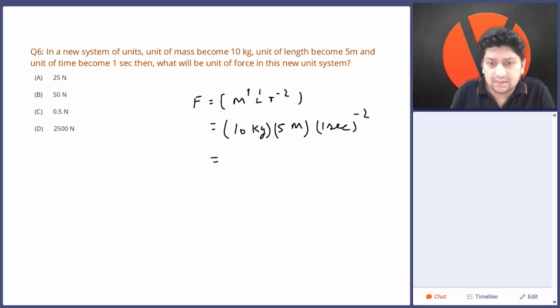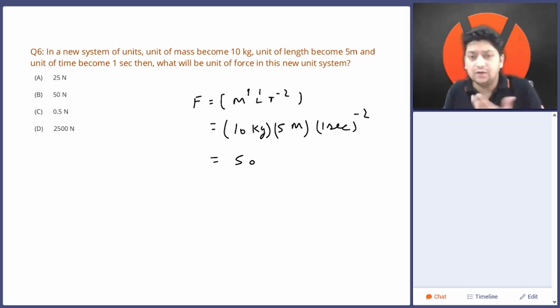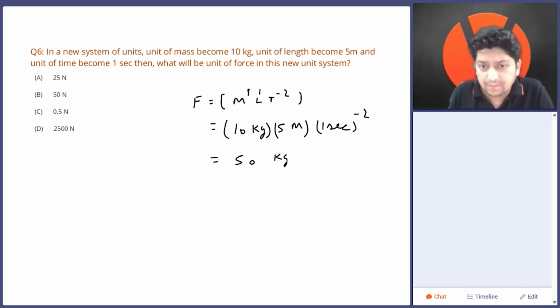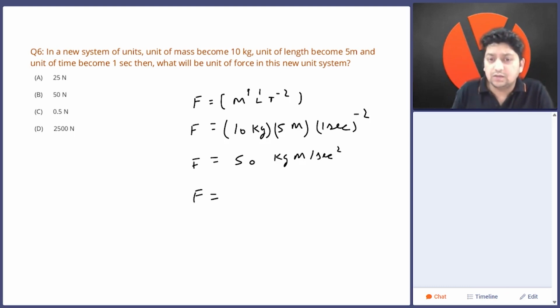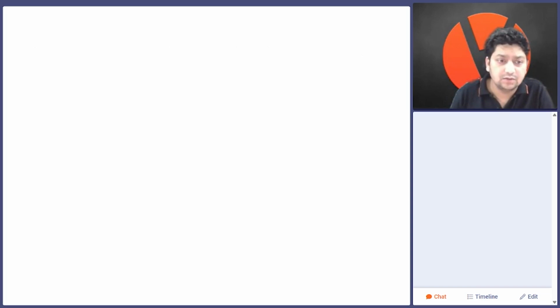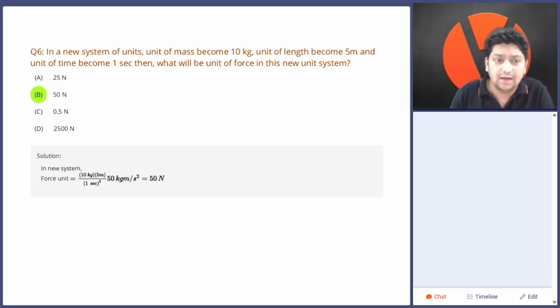So now we can see that 50 is the numerical value which we are getting, with kilogram meter per second square. According to the new system of units, the value will be 50 Newton. So option B will be the correct answer. It's a very easy question. Yes, option B is correct.